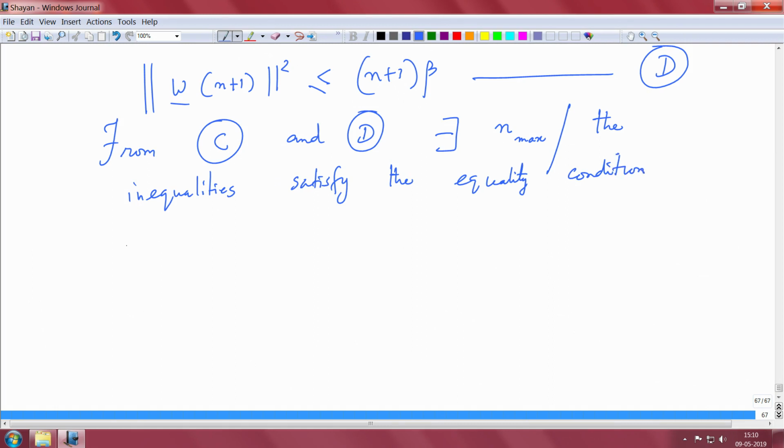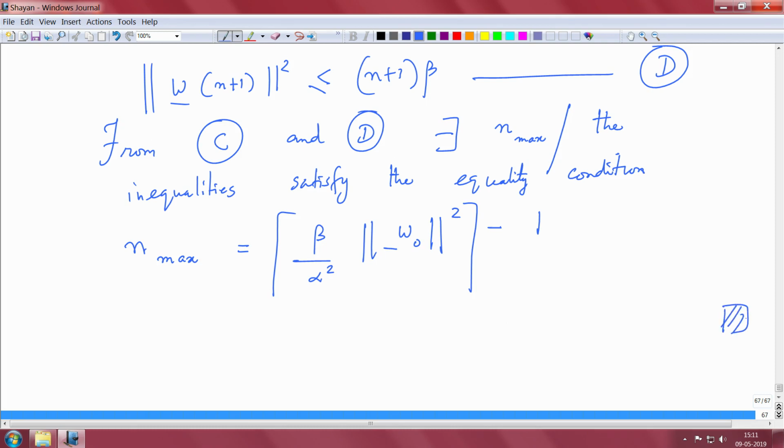So, working this out, it is exactly the same. N max happens to be beta upon alpha square norm of W naught, W naught is your optimum vector, square minus 1, and you can put a ceiling on this quantity so that it is an integer and things are all satisfied, right. So, this proves that the batch perceptron algorithm converges after n max iterations.